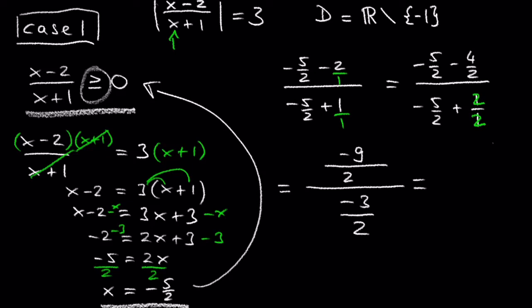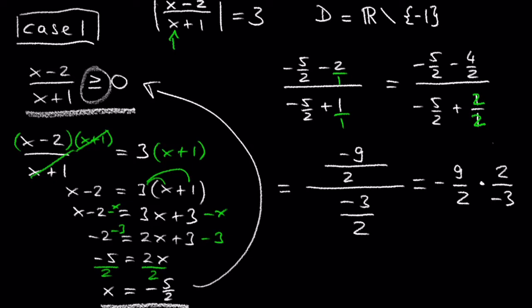How do we divide fractions? Just write the first fraction and multiply it by the reciprocal of the second fraction, which means reverse the numerator and the denominator of the second fraction.